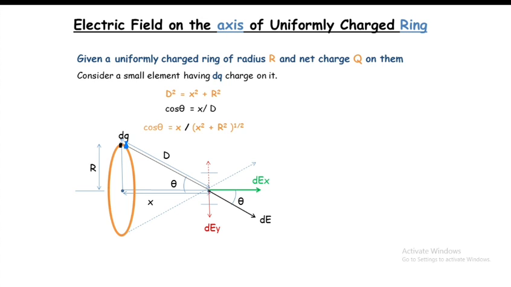Now you can write d square is equal to x square plus r square in this triangle, and also cos theta is equal to x by d, or cos theta is equal to x by (x square plus r square) to the power 1 by 2, or x by root under x square plus r square.